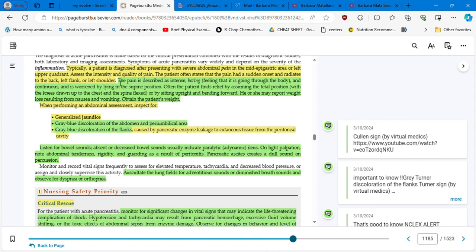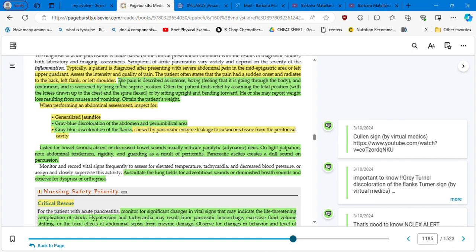The pain could be mid-epigastric on the left upper quadrant and is going to radiate to the left flank or left shoulder, okay? The pain is intense, boring, and continuous, and is worsened by lying in the supine position, okay?